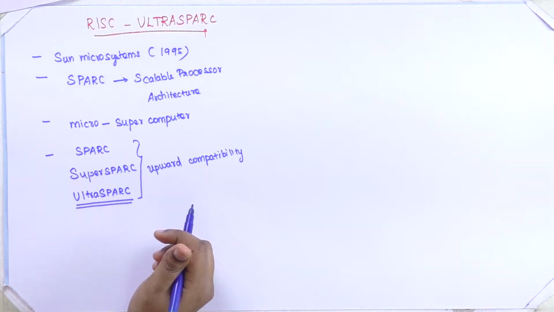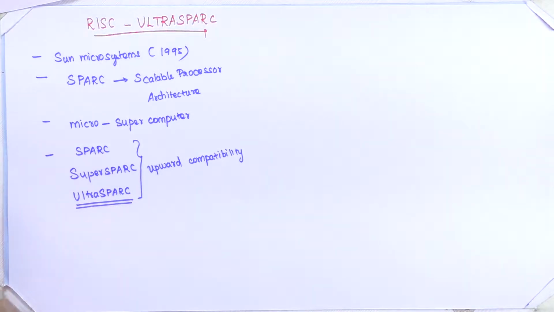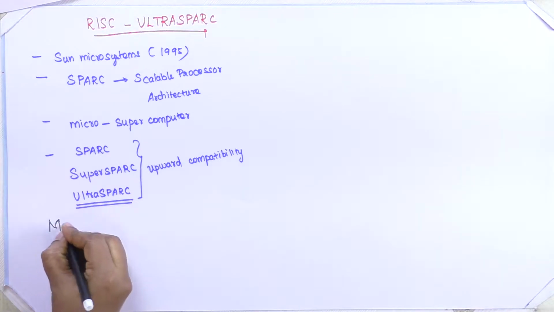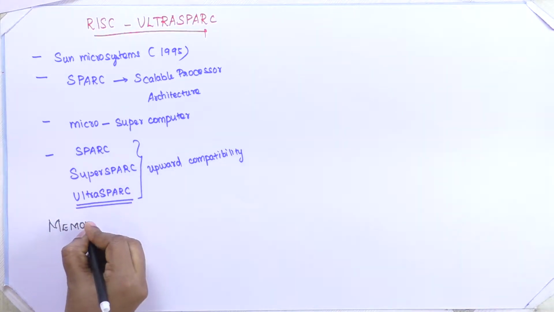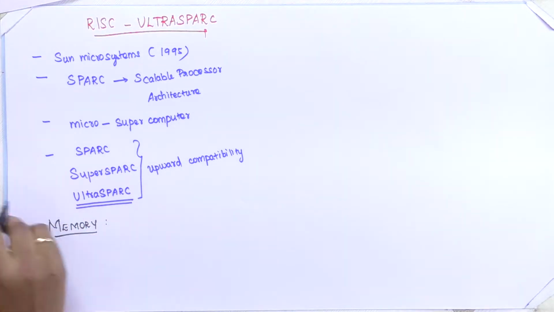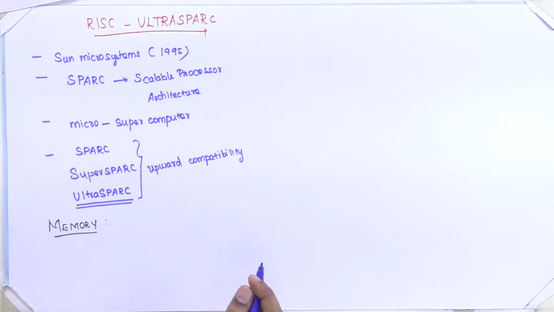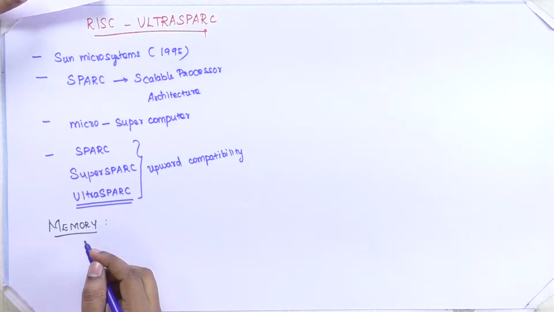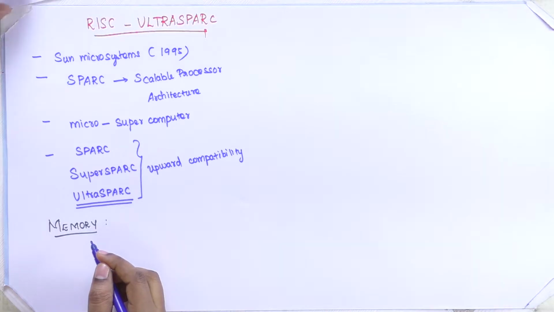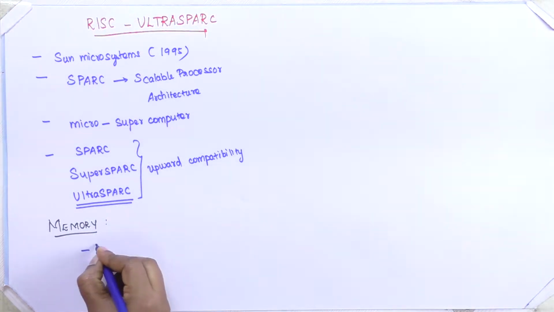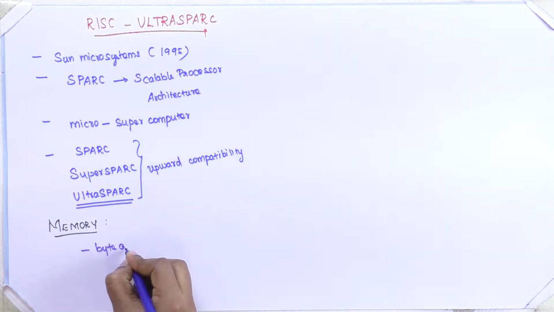The first hardware feature is memory. Coming to memory, all are byte addressable.